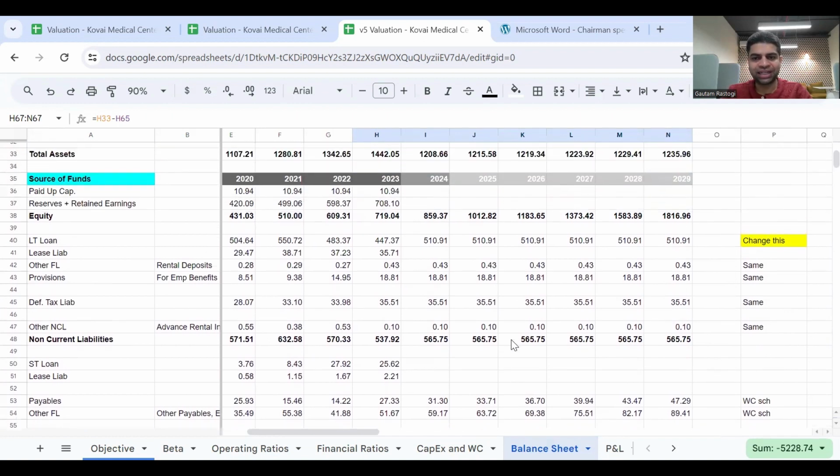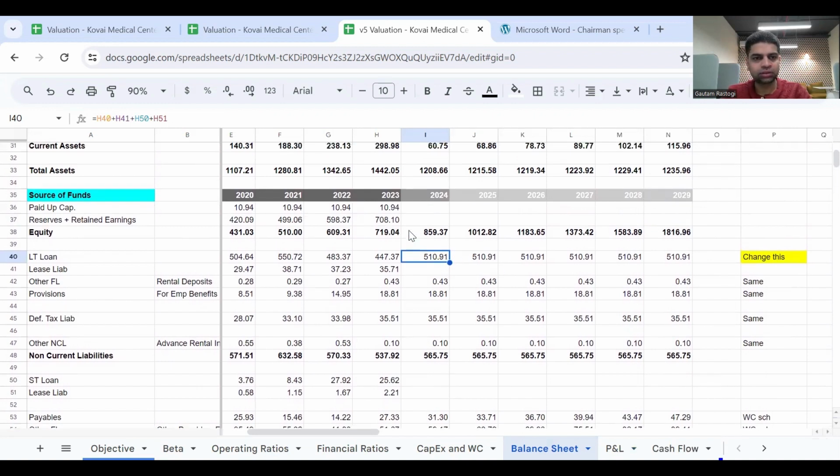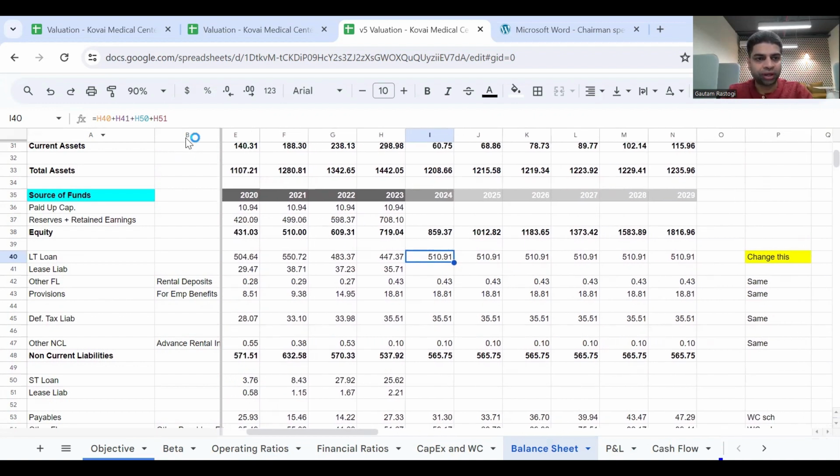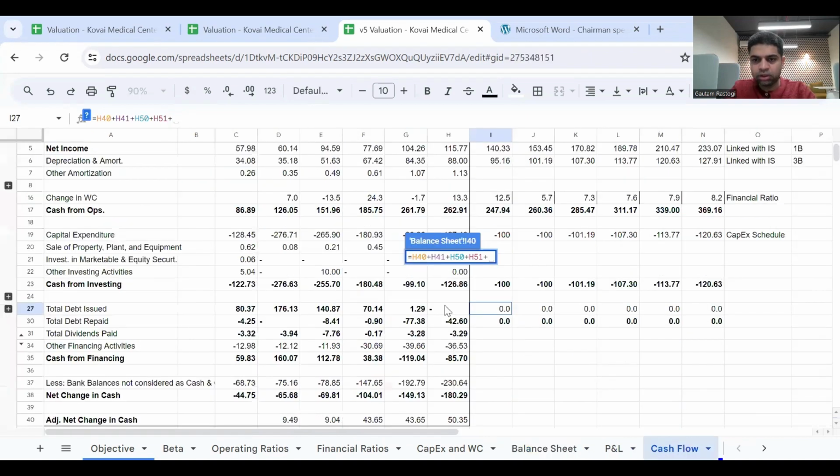Let's go back to the balance sheet. And here in the long-term loans, I'm not really getting into short-term and long-term, treating this as total debt, total loan on the books. So here, let's do plus this debt.